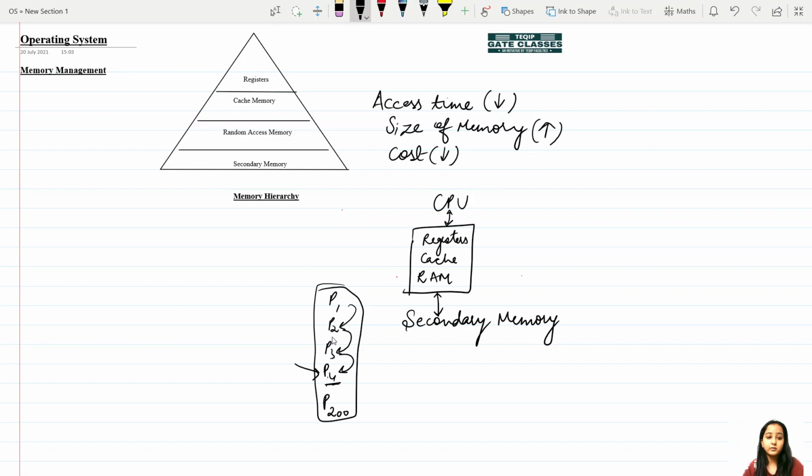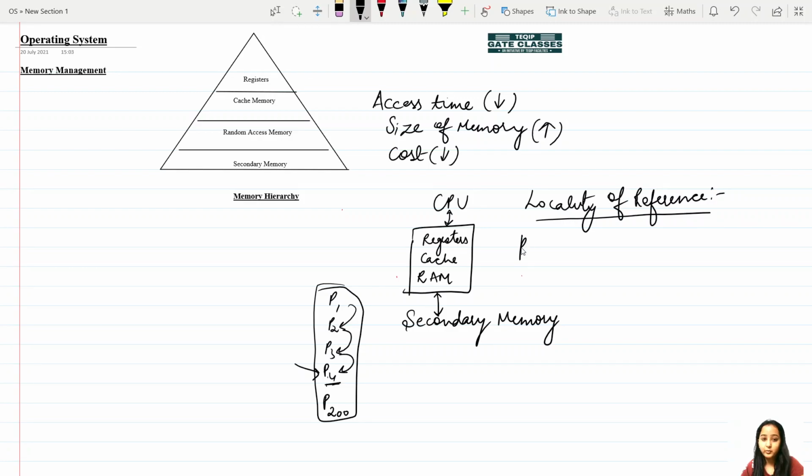So here the concept of locality of reference came. What do you mean by locality of reference?